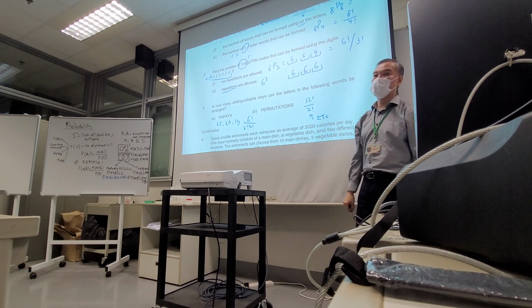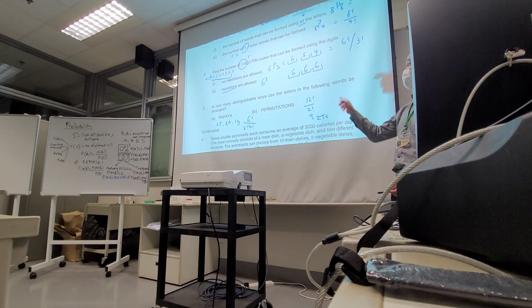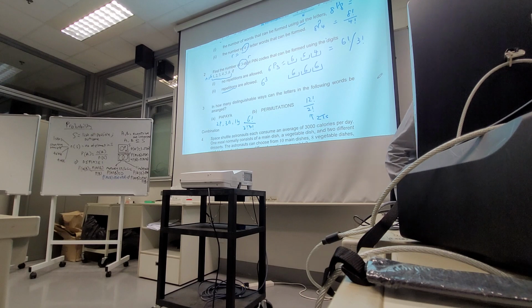Okay, do you want the end answer or not? I can give you an end answer if you want, but this is a very big number: 239,500,800. Very big number. And this one equals 60. This one equals 120.